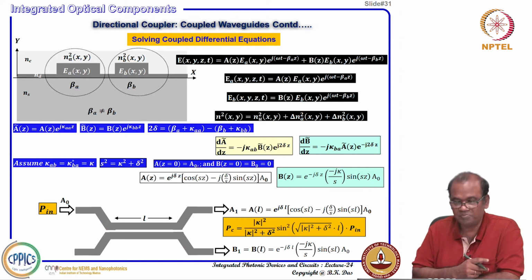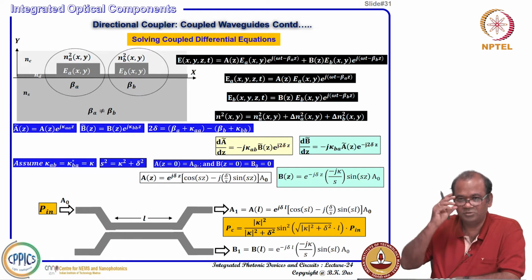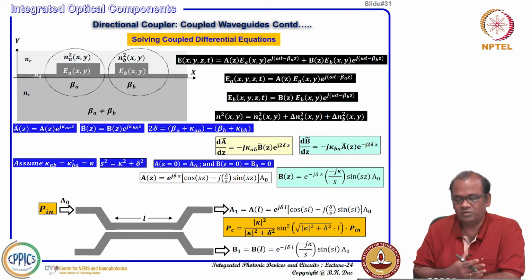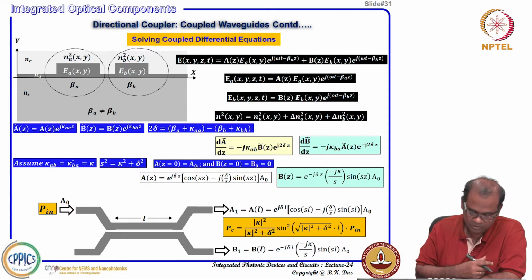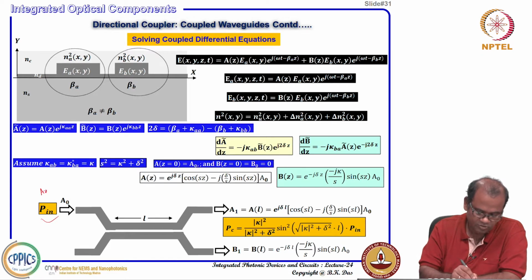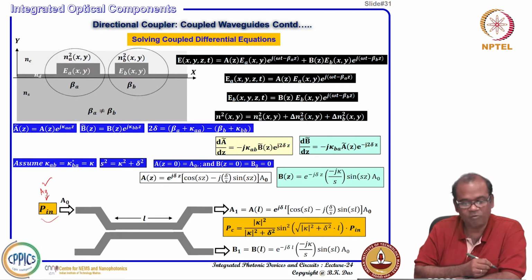So, this method is actually very powerful as a basis to have a compact model of any directional coupler that you need for circuit simulation. Let us see what the power is. A naught is the amplitude, and A naught square I can consider as the corresponding power.